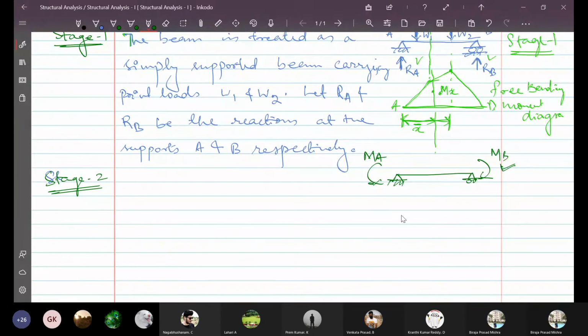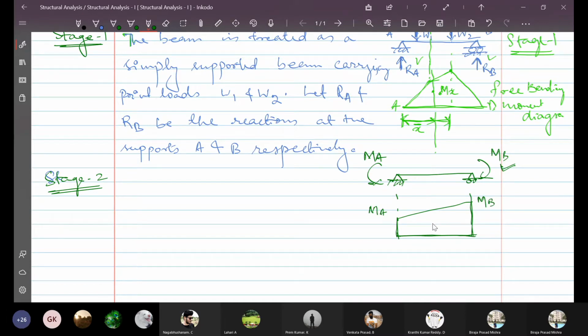Now for that, the fixed end moment diagram will be similar. So this is MA, this is MB.